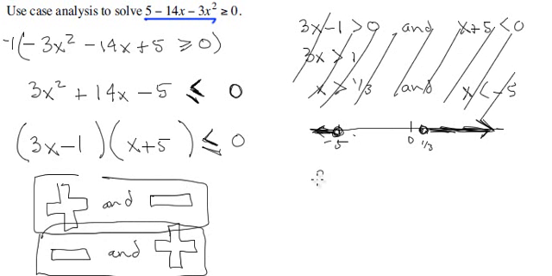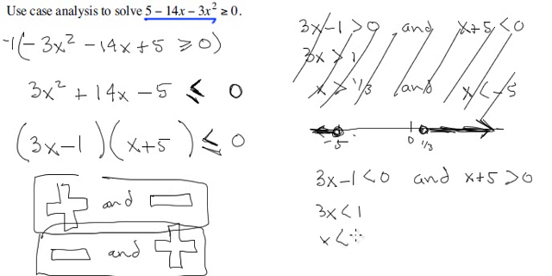The second one says 3x minus 1 has to be negative, and at the same time x plus 5 has to be positive. Can we do that? That would mean 3x is less than 1, which means x is less than 1/3, and at the same time x is greater than negative 5. Let's see if we can arrange that.